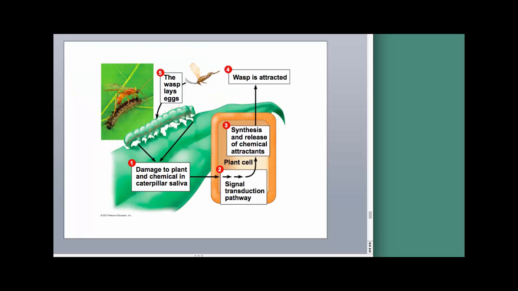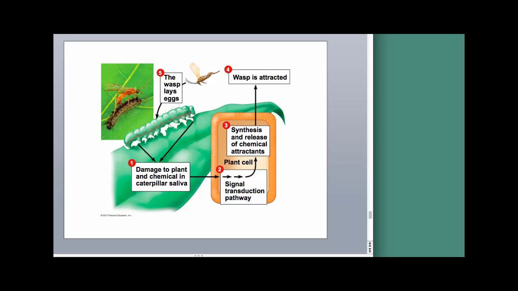But plants have also developed another very interesting mechanism. We look at their associations with other organisms. This is something we call coevolution that we'll come back to when we talk macroevolution in a future video. But when we think about herbivores eating plants, if our caterpillar is eating our plant here, that's signaling to the plant. The plant knows it's being damaged.